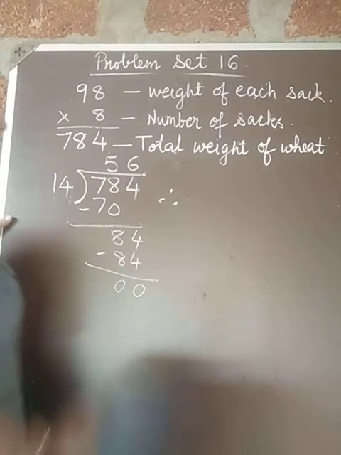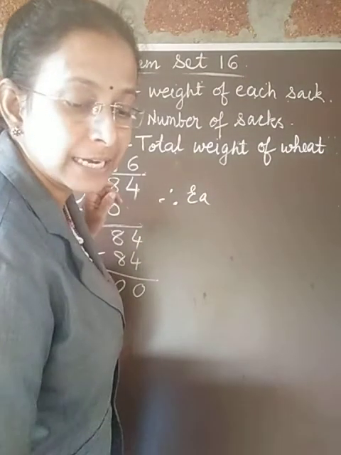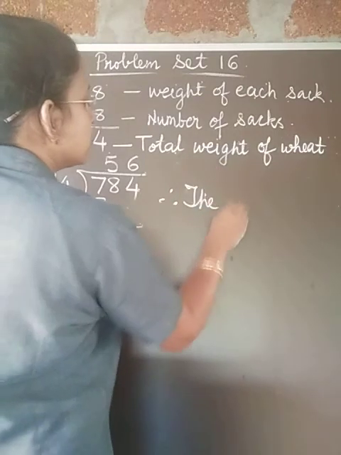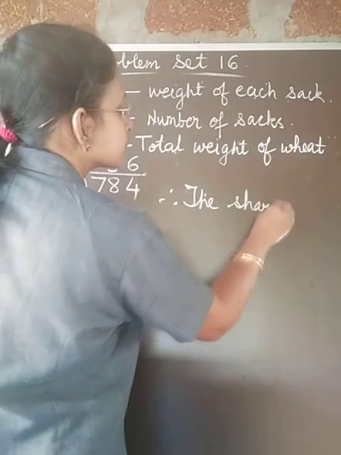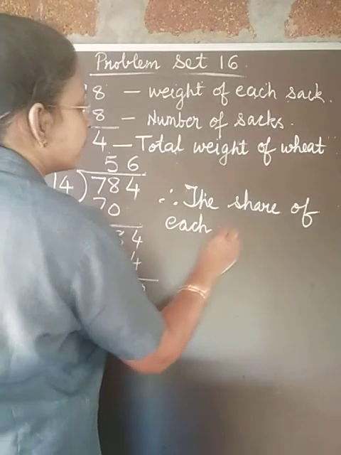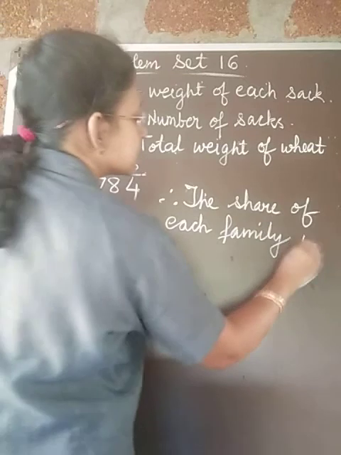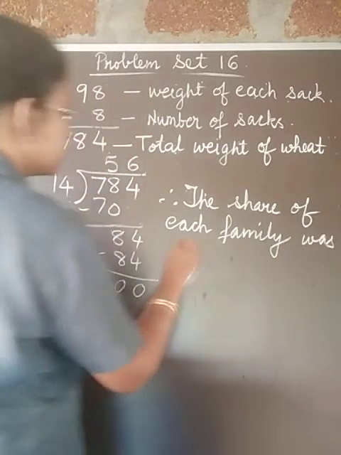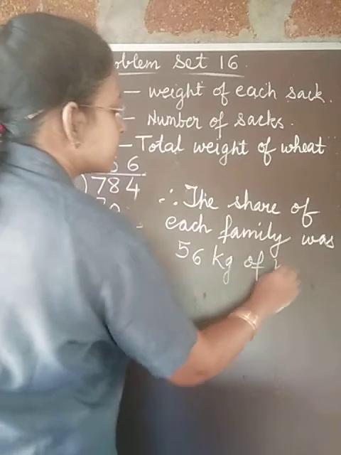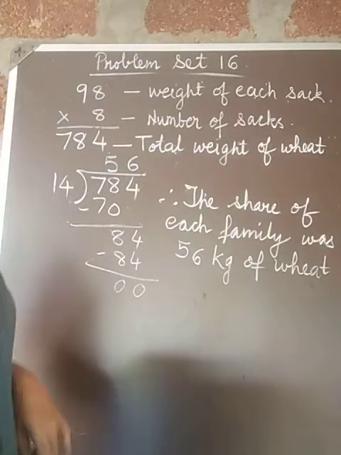The share of each family was 56 kilograms of wheat. Fine. So this is how you are supposed to solve.